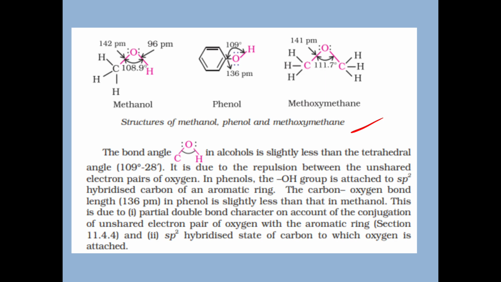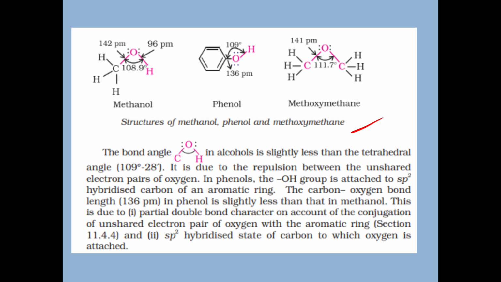In phenols, the OH group is attached to an sp2 hybridized carbon atom of the aromatic ring. The carbon-oxygen bond length in phenol, 136 picometer, is slightly less than that of methanol, where the bond length is 142 picometer.